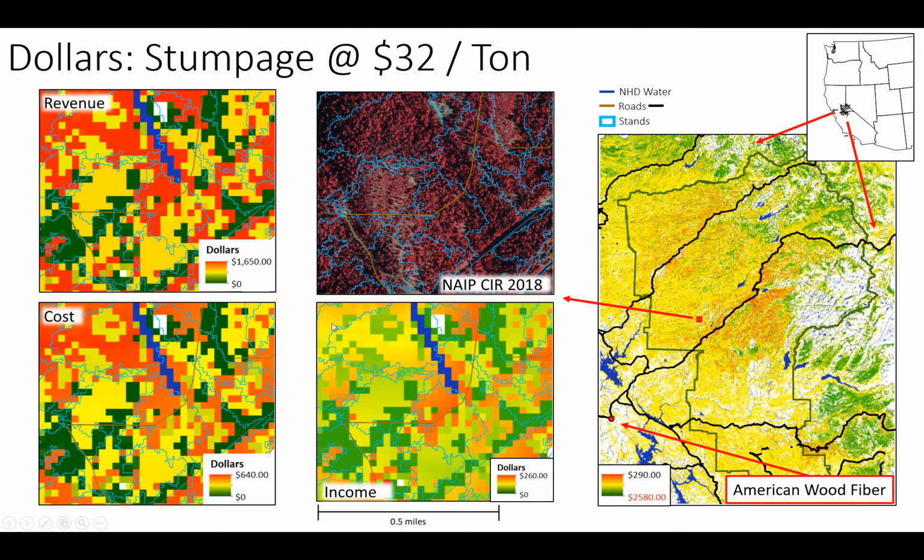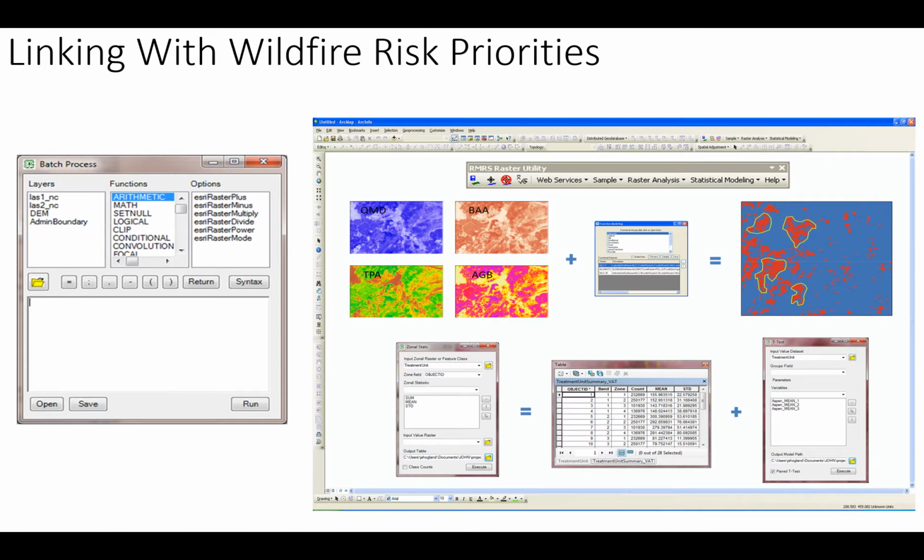Now, take a special note here. These blue lines represent the Stanislaus vegetative polygons. And what we can see is that the spatial detail of information that we have is quite fine scale. And so how do we bring that up to a coarser resolution? Or maybe how do we bring it up to the resolution of wildfire risk priorities?